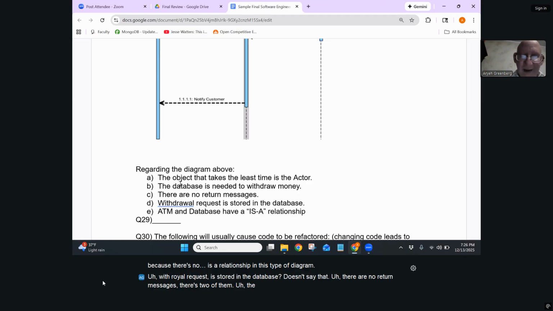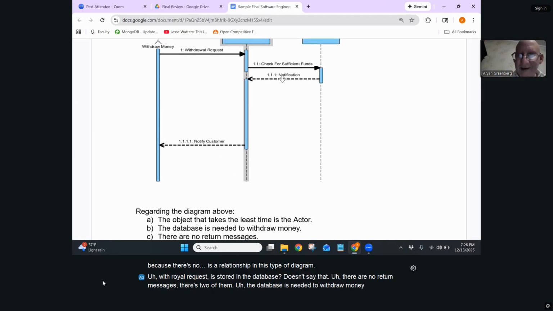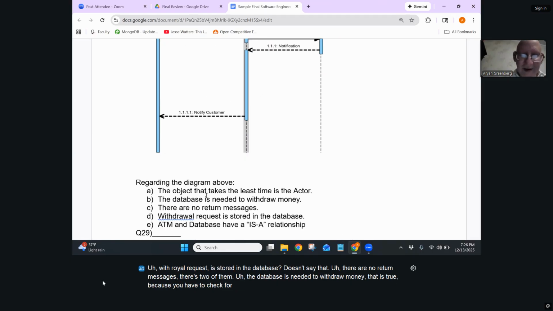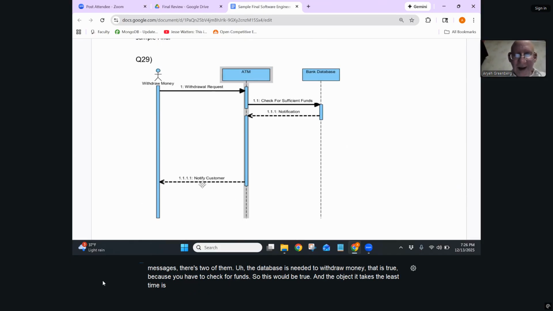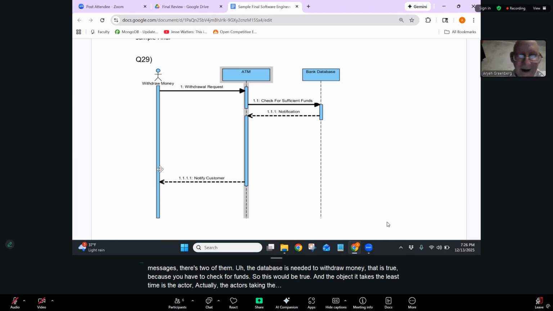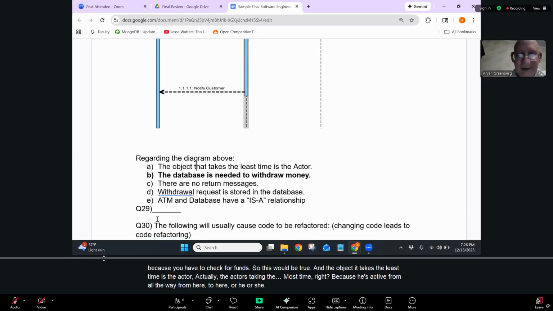The database is needed to withdraw money. That is true because you have to check for funds. So this would be true. And the object that takes the least time is the actor. Actually, the actor is taking the most time, right? Because he's active all the way from here to here, or she.